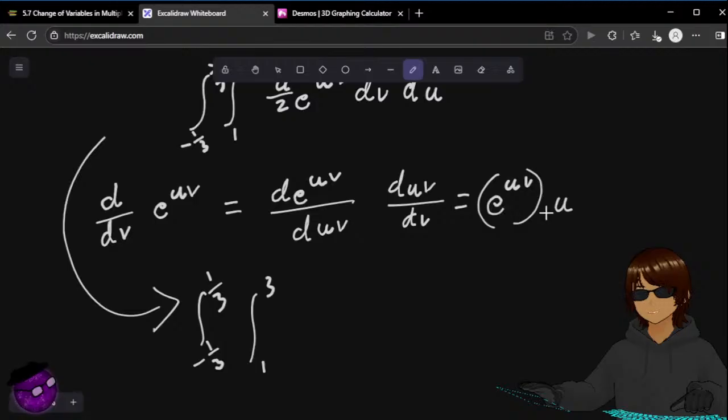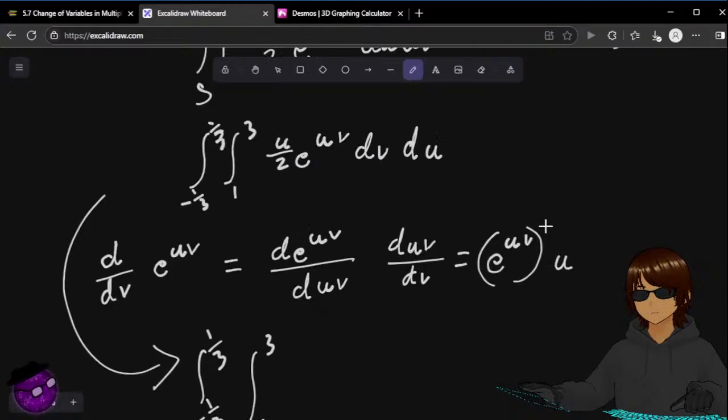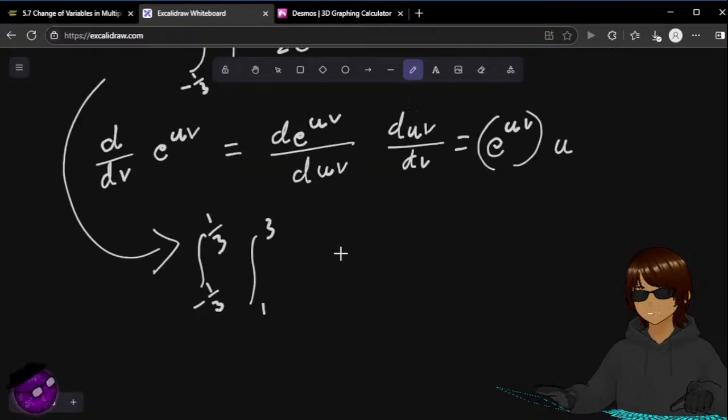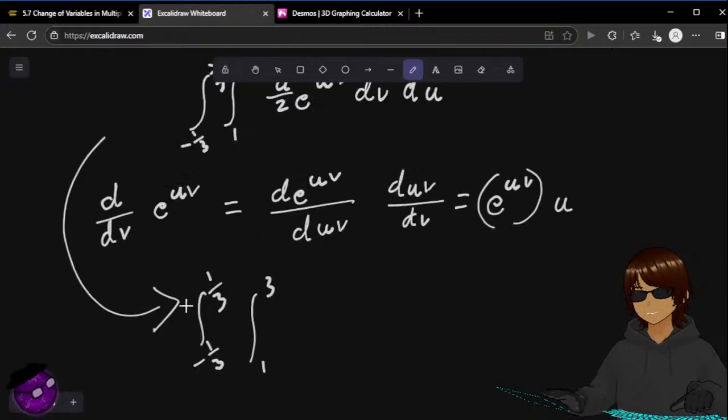The integral of this with respect to v gives this. So let's take the half out.